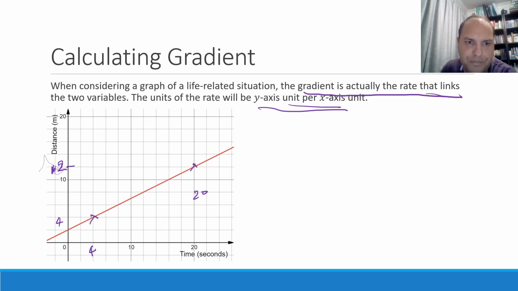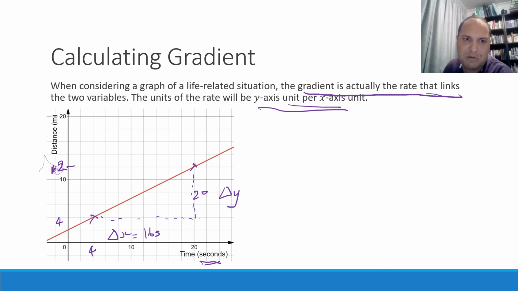So what we're looking at here is, what's our run, or the change in our x value? From 4 to 20, that's 16. But it's not just 16. We're told along our x-axis that's measured in seconds. So that's 16 seconds.